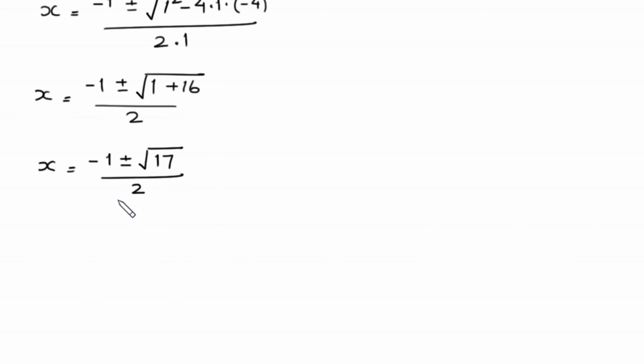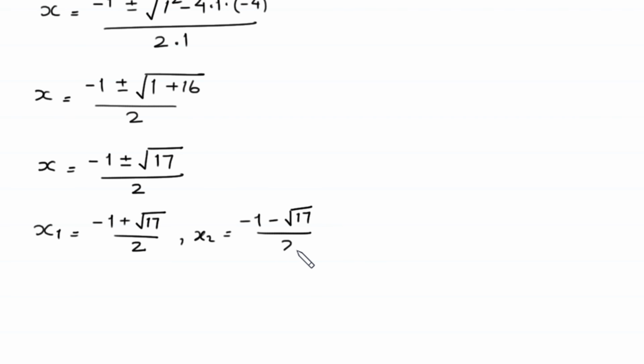So from here we get two values of x. X1 is equal to -1 plus square root of 17 over 2 and x2 is equal to -1 minus square root of 17 over 2. So these are the two values of x.